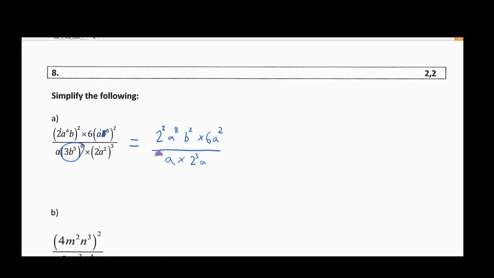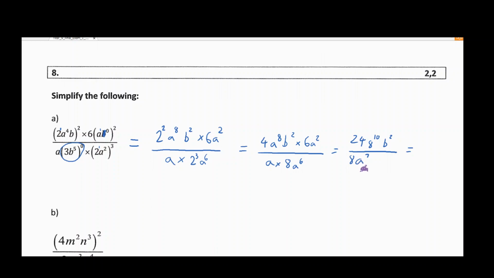Then a to the power of 2 times 3 is 6. 2 squared's 4, a to the power of 8, and we've got b squared times 6a squared over a times 2 to the power of 3, that's 8, a to the power of 6. 4 times 6 is 24, a to the power of 10, b squared, over, that's going to be a to the power of 7, 8a to the power of 7.